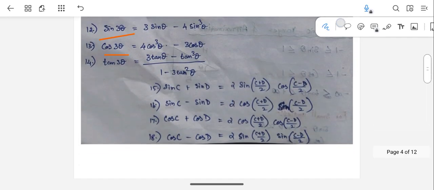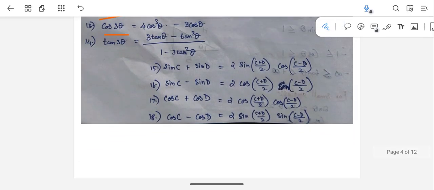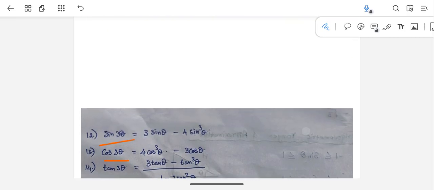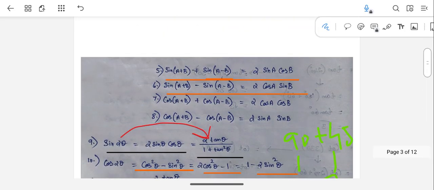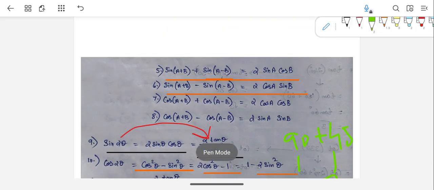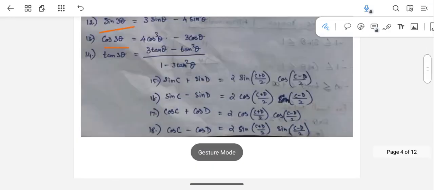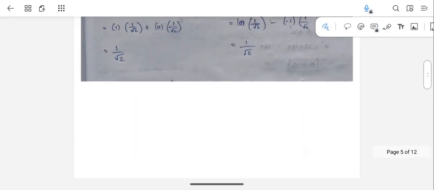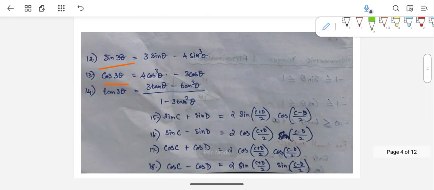And these last four, you can see, are similar to 5 to 8. Formulas 5 to 8 and 15 to 18 are similar, guys. See here, it is sin(a+b) plus sin(a-b), but here it is just sin c plus sin d. So a plus b becomes c, a minus b becomes d. Why?